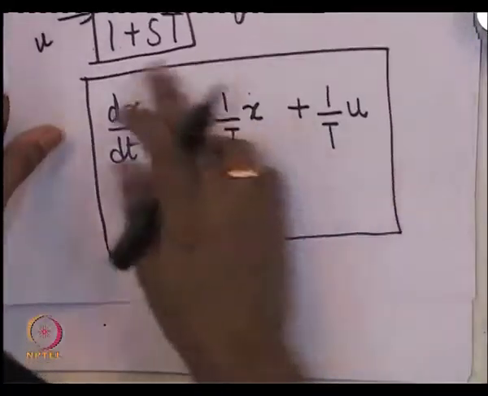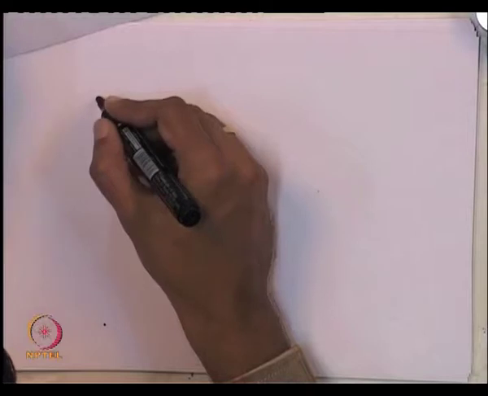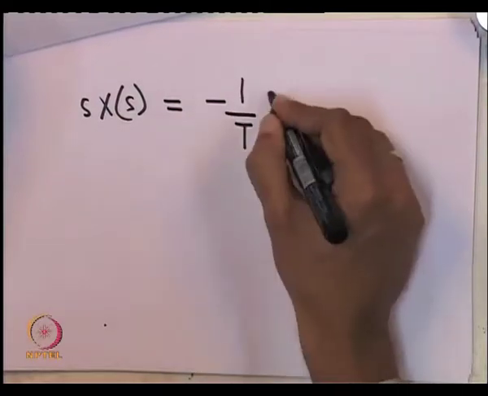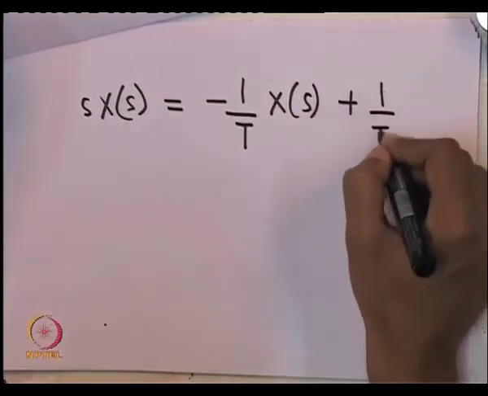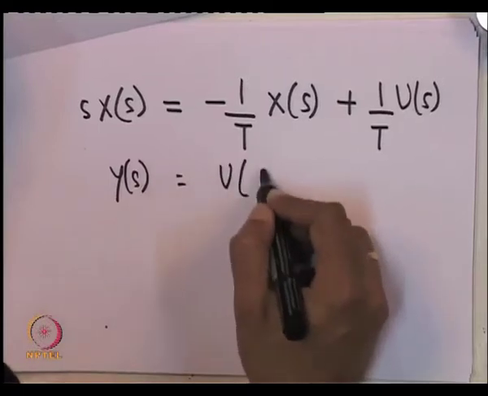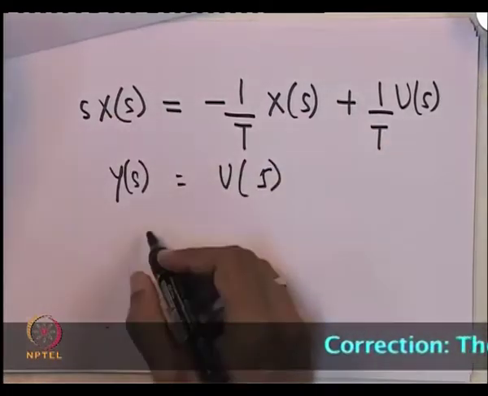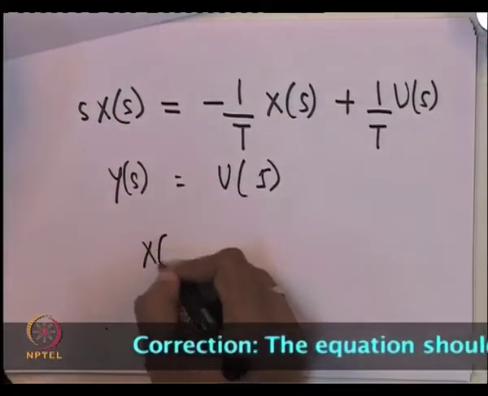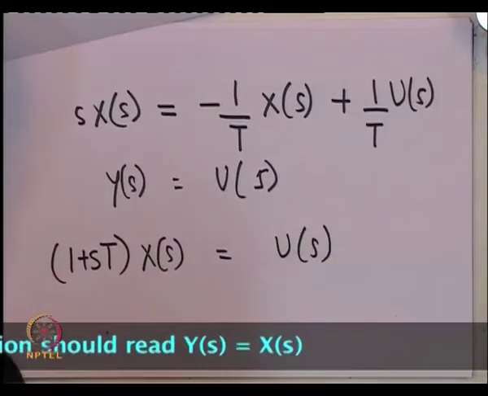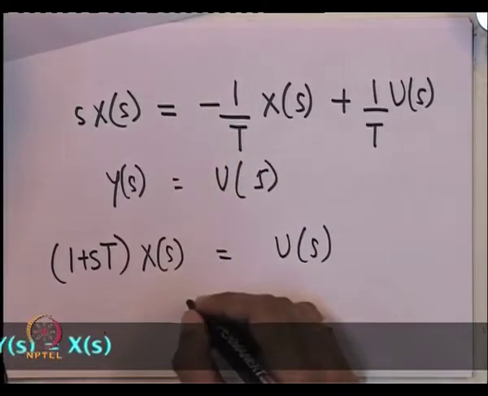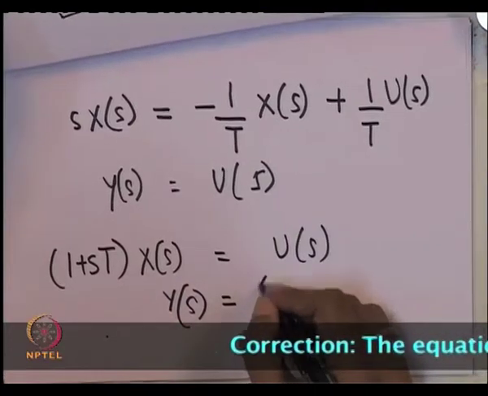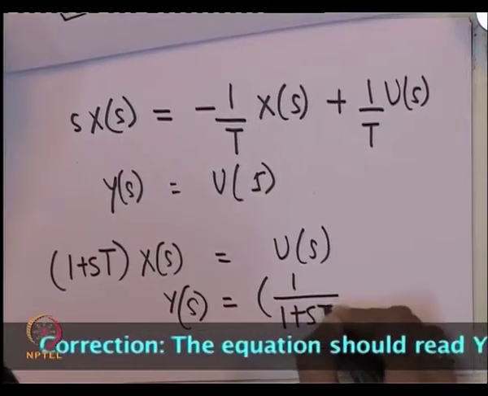What you will get is, if I apply Laplace transform on both sides of the equation, s X(s) is equal to minus 1 upon T X(s) plus 1 upon T U(s), and Y(s) is equal to U(s). So, you get this onto this side, you will have X(s) times (1 plus sT) is equal to U(s), and as a result of these equations, you will have Y(s) is equal to 1 upon 1 plus sT into U(s).